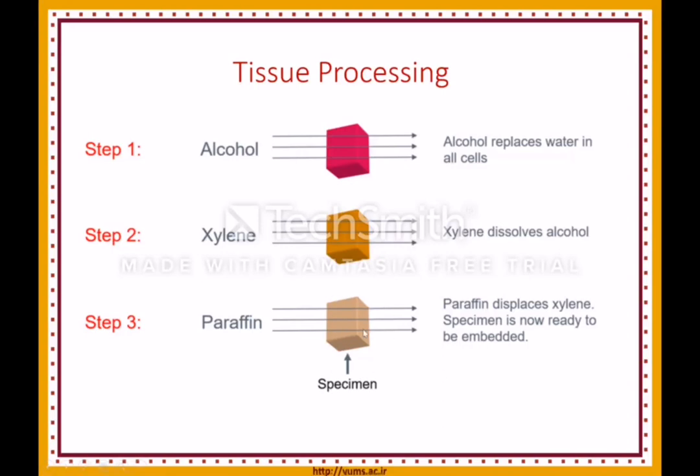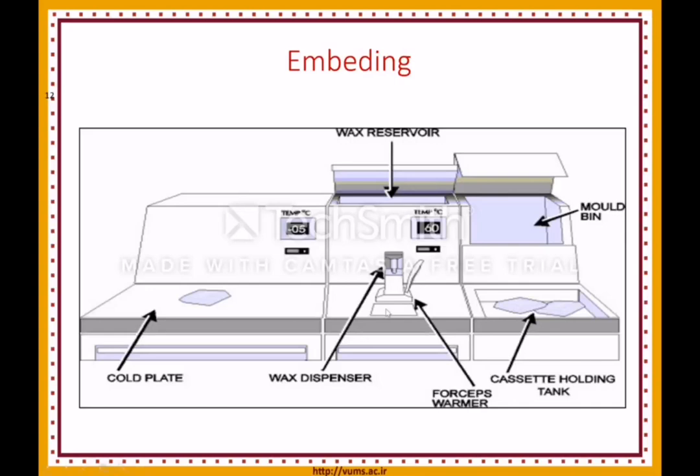This is our specimen, and we put it in some basket again for embedding. This is the equipment for embedding, and this part contains the paraffin. The melting temperature of the paraffin is 58 to 60 degrees, and this part includes it.